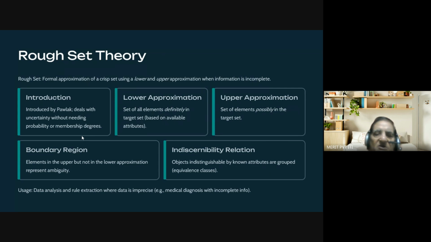Upper approximation: the set of elements possibly in the target set. Boundary region: elements in the upper but not in the lower approximation, representing ambiguity. Indiscernibility relation: objects indistinguishable by known attributes are grouped into equivalence classes. Applications are data analysis and rule extraction where data is imprecise, for example medical diagnosis with incomplete information.